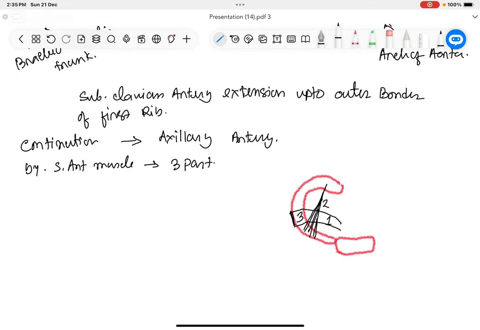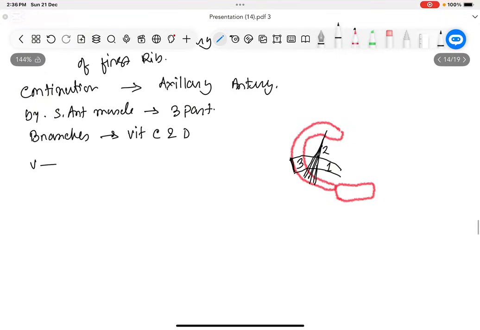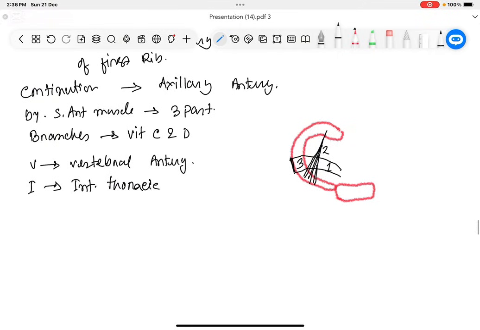Each part has some branches. Let's try to remember the branches. There is a mnemonic for remembering the branches, that is VITamin C and D. First V, V for vertebral artery. I for internal thoracic artery. T for thyrocervical trunk.